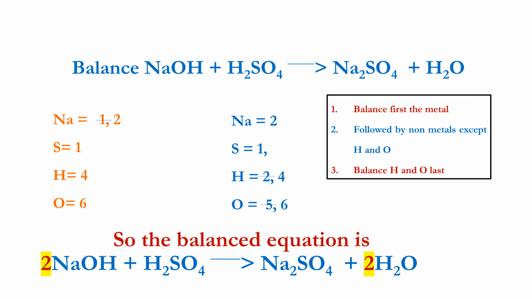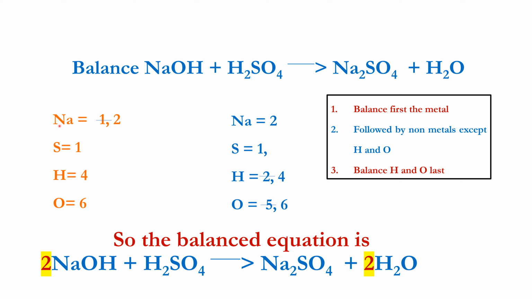So if you're asked to balance this equation, we follow the same rules. So we balance first the metal, followed by the non-metal, except hydrogen and oxygen, and we balance hydrogen and oxygen last. So sodium is the metal, so the number of sodium on the left-hand side of the equation is 1, and the number of sodium on the right-hand side is 2.